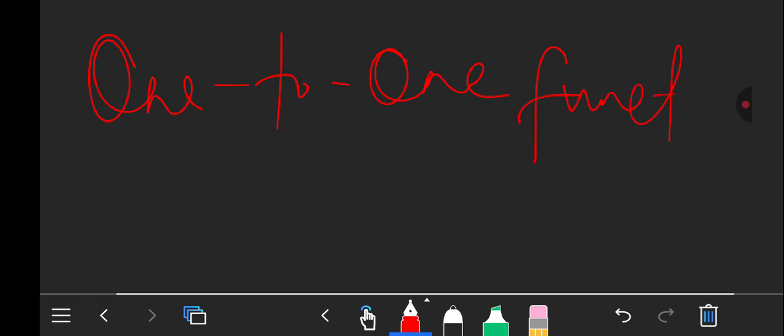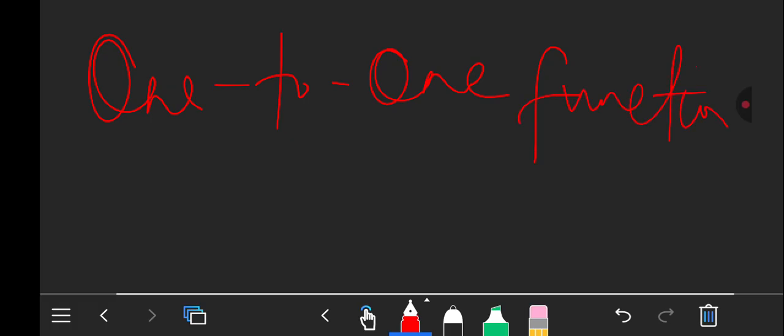Then let's understand the second question, which was talking about a one-to-one function. How can you know that this function is one-to-one?